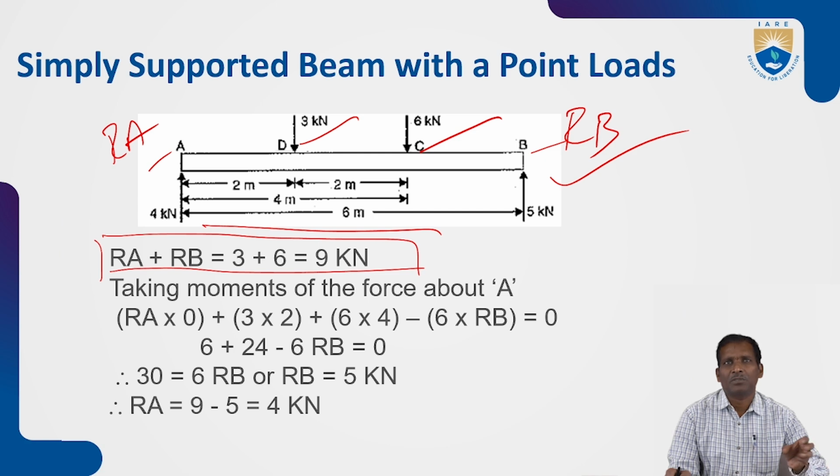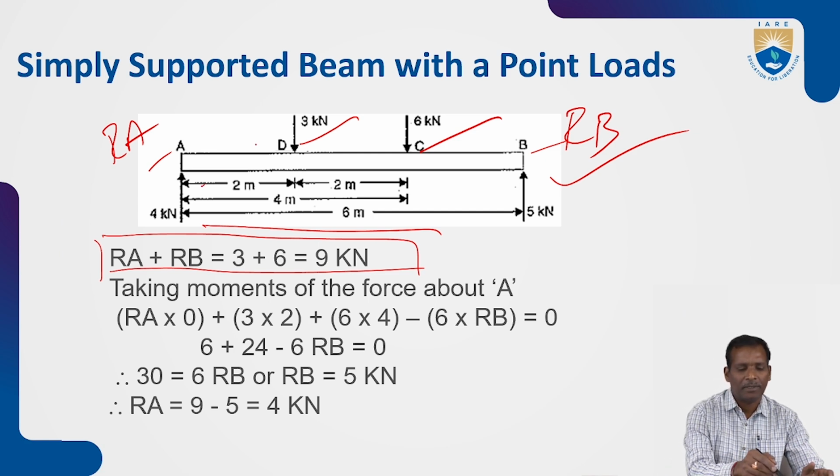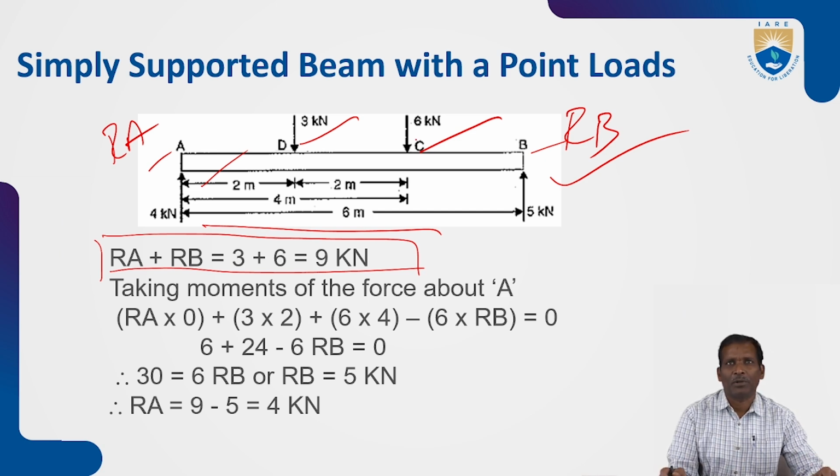The point loads act at 2 meters and 4 meters from the left hand. So first you calculate RA and RB, and then shear forces, and then bending moment.